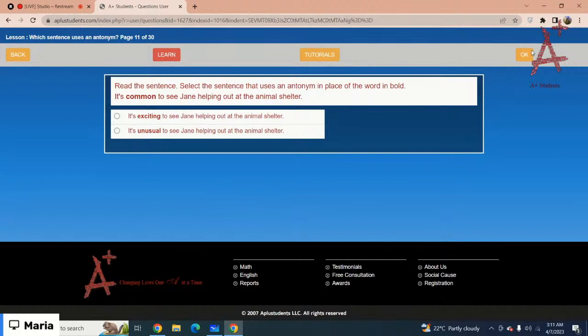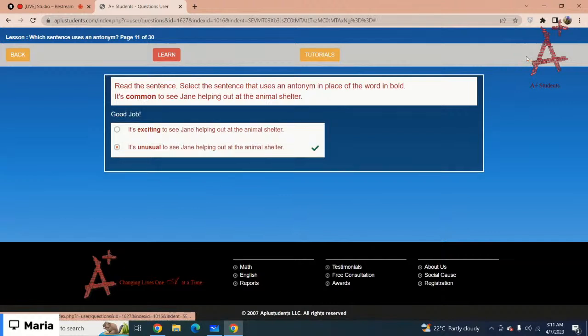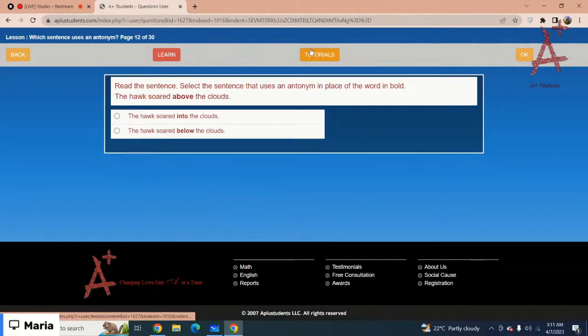Yes, common and unusual. Got it? Unusual is the antonym for the common. Got it? Okay, you can complete the test by yourself later today.